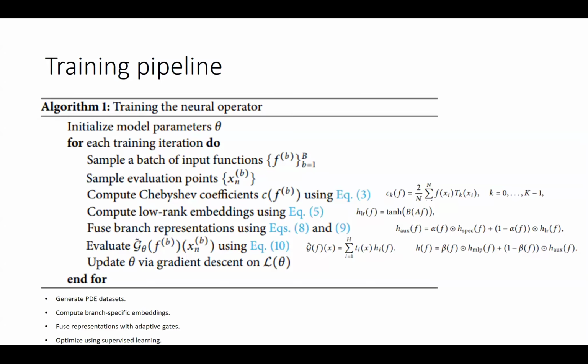So we perform a standard gradient descent step to update all parameters theta. Actually, we used the Adam algorithm and AdamW in one of the experiments. So the pipeline guarantees fast convergence.